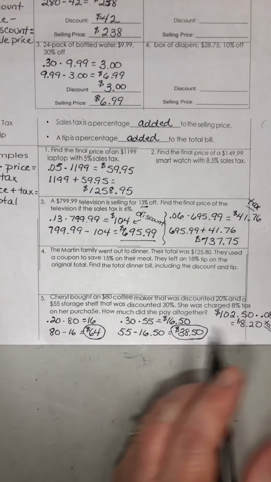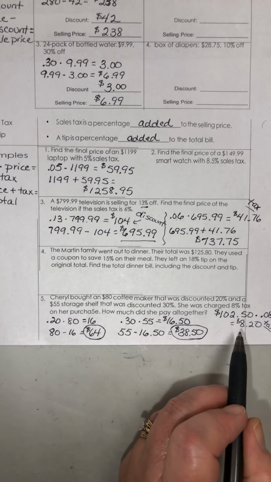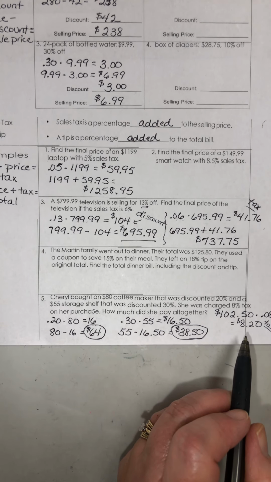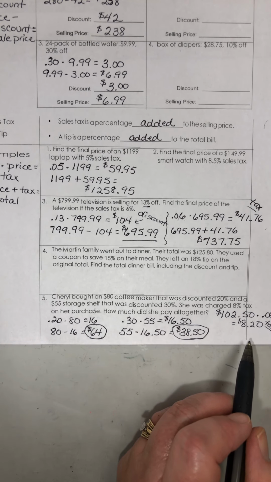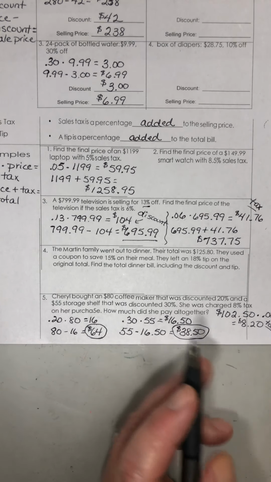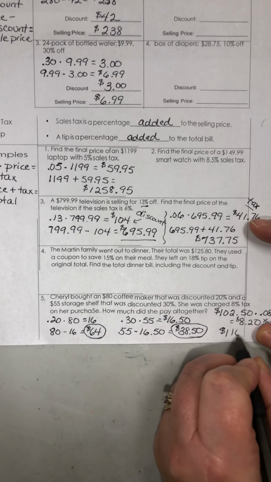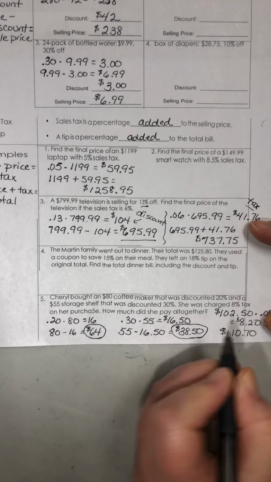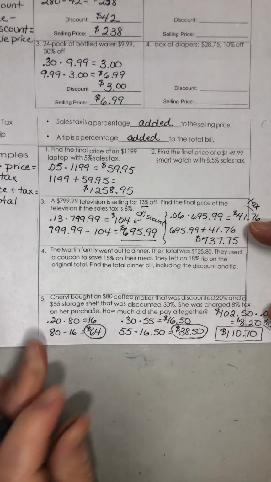So now we're going to add that $8.20 back on to the $102.50. So $102.50 plus $8.20. They're going to pay $110.70 for the total amount.